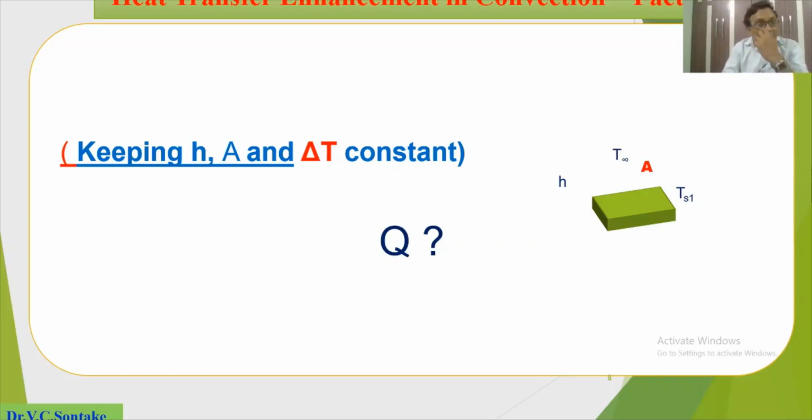But again, the job is not so easy, because nature tests the ingenuity of an engineer. Now again, it is a free convection condition and we want to enhance the heat transfer rate, but we can't enhance h, A and delta T. So we have to keep h, A and delta T constant.